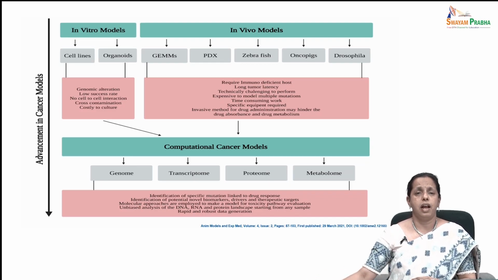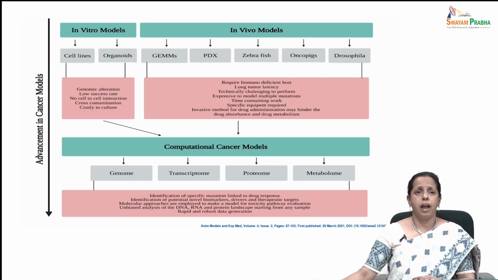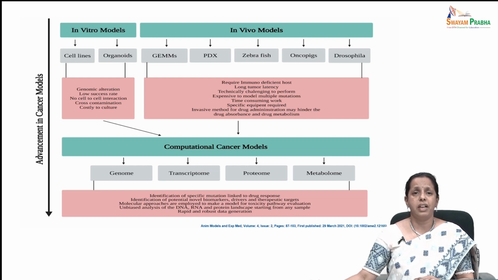Very briefly, this slide shows the typical in vitro models as well as the in vivo models. In the in vitro models, the cell lines and organoids are very well established, whereas in the in vivo models you have genetically engineered organisms, PDX models, the zebrafish, and at a later stage the oncopigs, and some study groups utilize Drosophila.